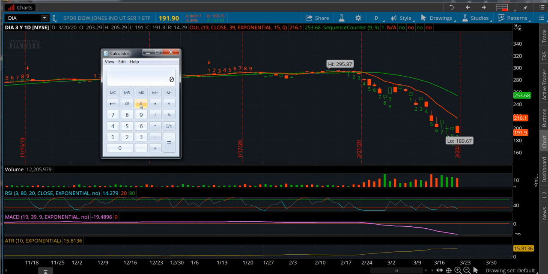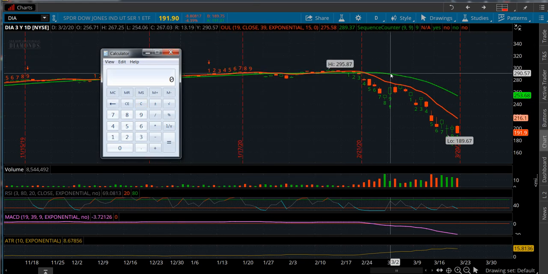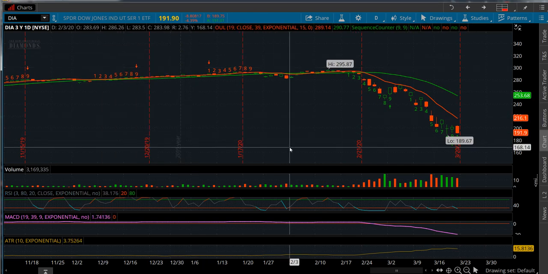Gambling in the stock market, or risk in the stock market, is not the stock market itself. It's the person trading in the stock market who hasn't learned what they're doing that causes the risk.